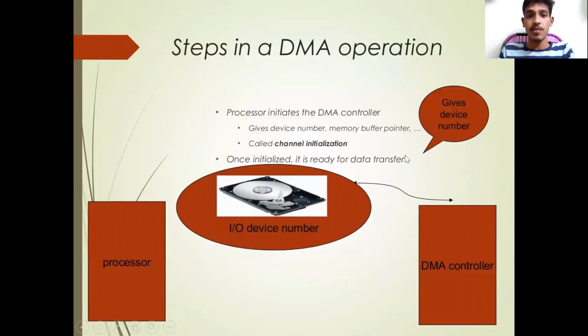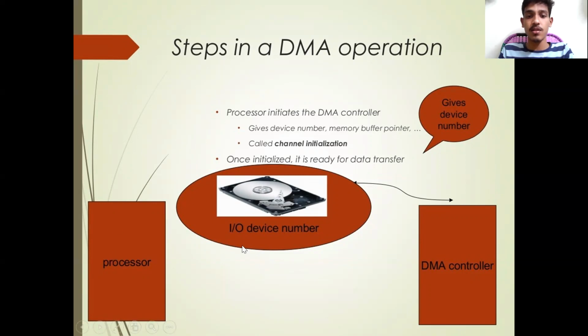Steps in DMA operation. The processor initiates the DMA controller. It gives the device number, the memory buffer pointer, the type of data transfer, the direction, and so on. This is called channel initialization. Once initialized, it is ready for data transfer.